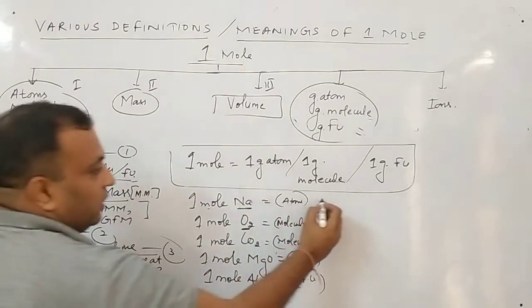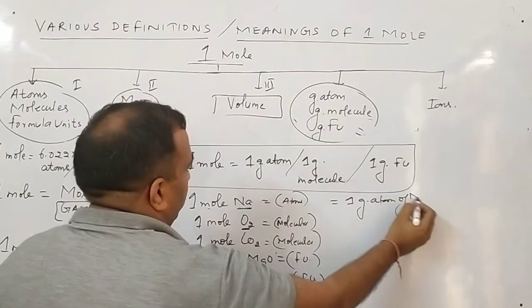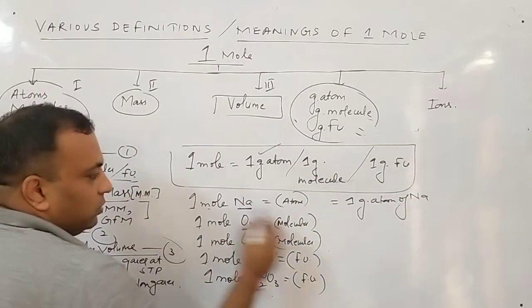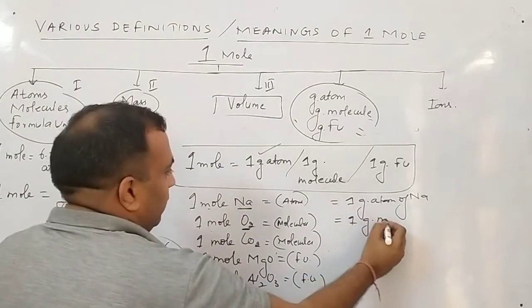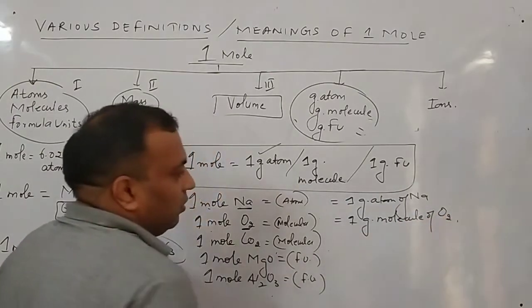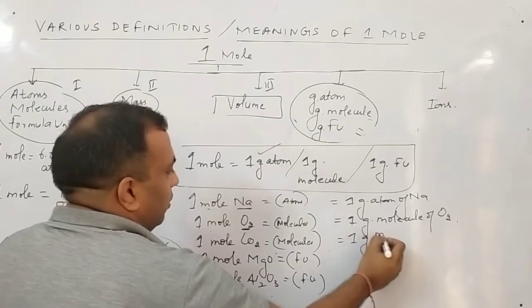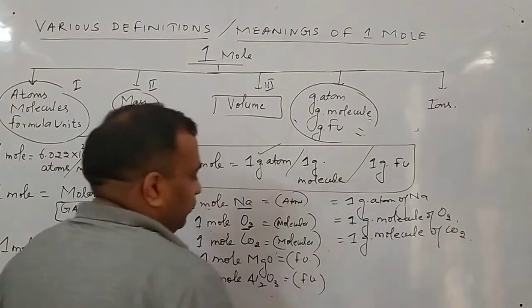1 mole sodium contains 1 gram atom of sodium. Those that are made up of molecules: 1 mole oxygen contains 1 gram molecule of oxygen. 1 mole CO2 contains 1 gram molecule of CO2.